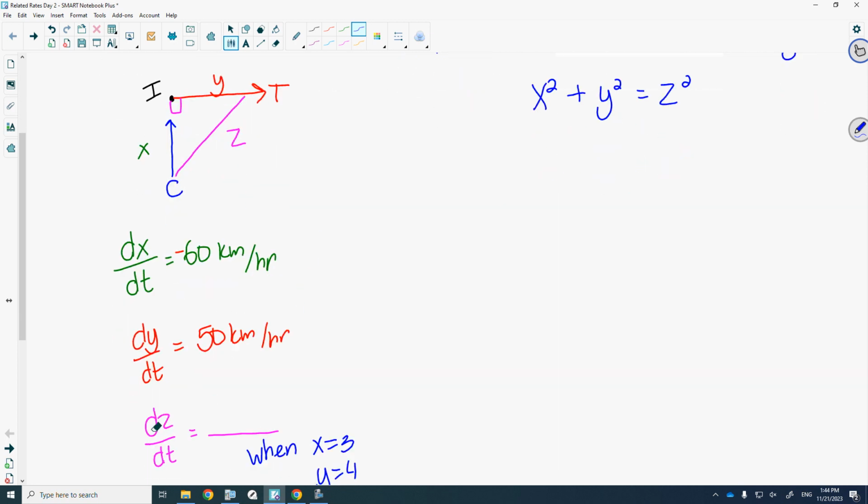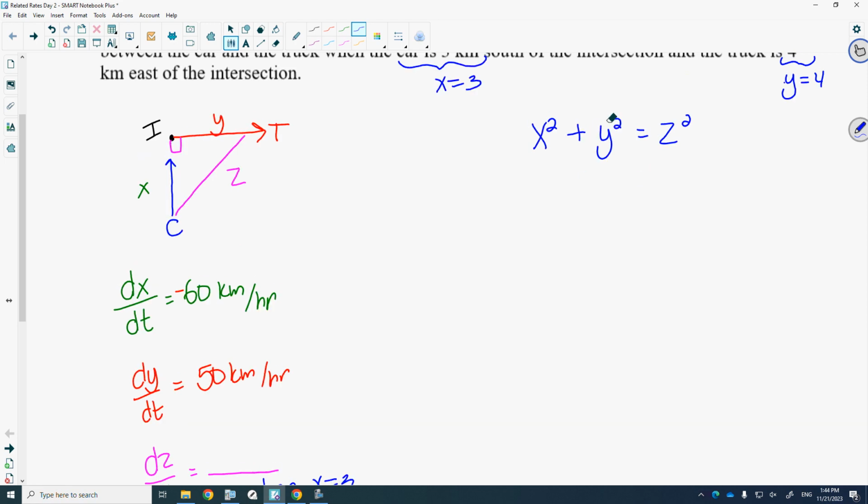And we're going to be trying to figure out what dz/dt is. And I know if I differentiate both sides of this equation with respect to time, I'm going to have dz/dt, right? So what I'm going to do is we're going to implicitly differentiate both sides with respect to time. So the derivative of x squared is 2x. I just took the derivative of x, so dx/dt.